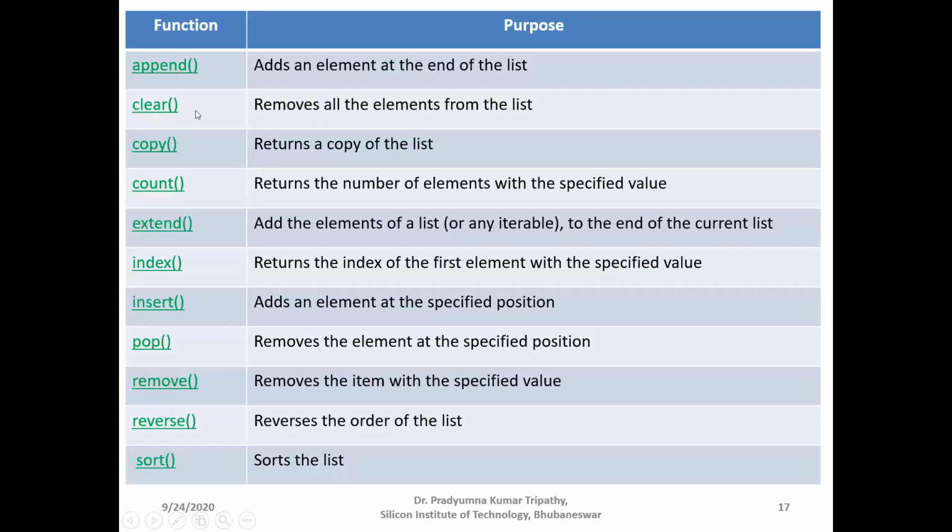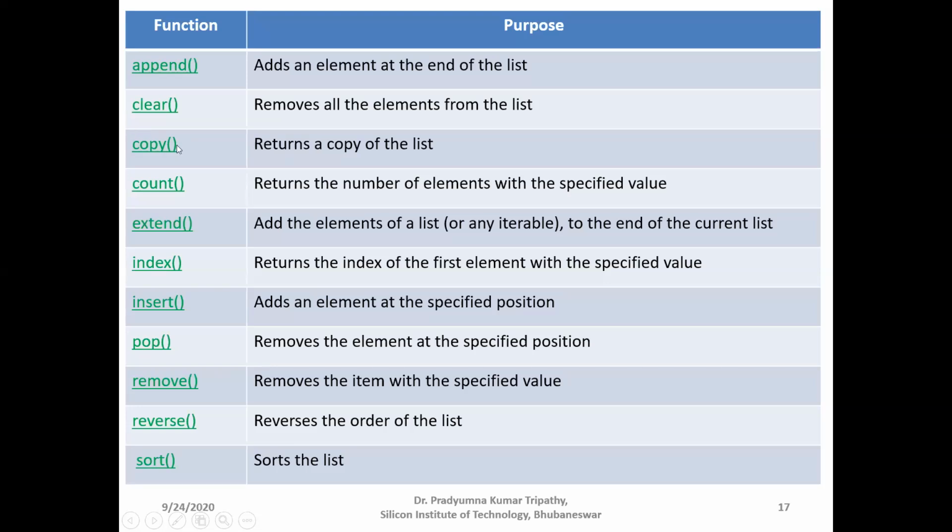If you want to remove all the elements, simply use clear. ARR.clear, all the elements will be cleared from the list, but the list is not deleted. The list will be there, elements are removed, so later you can add elements to the list.